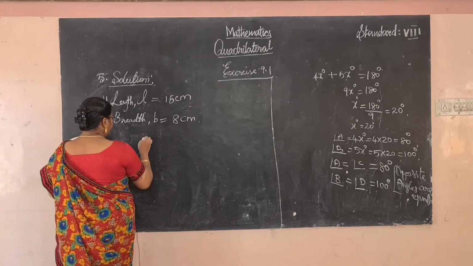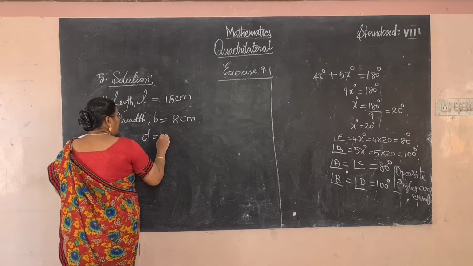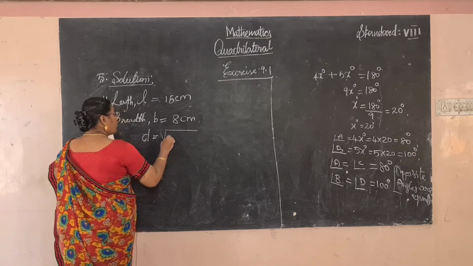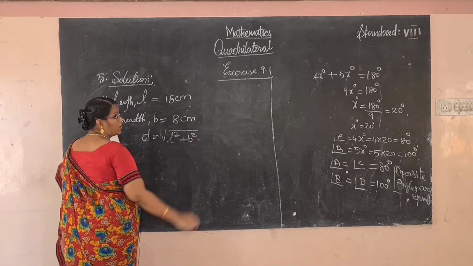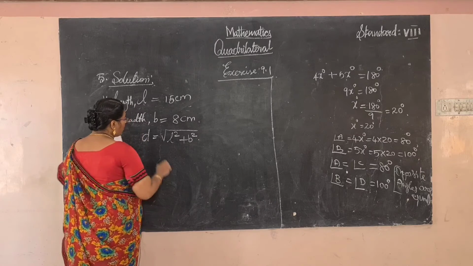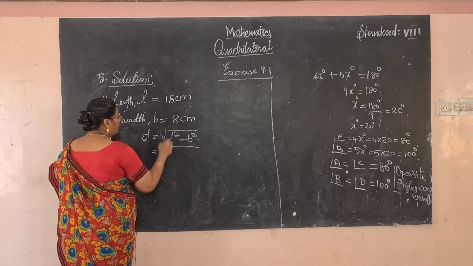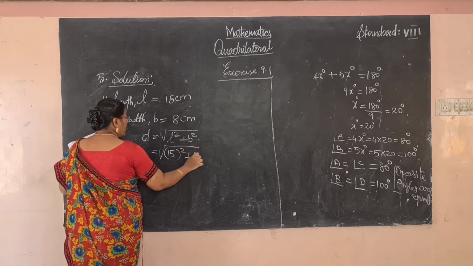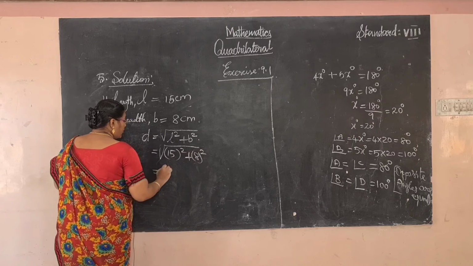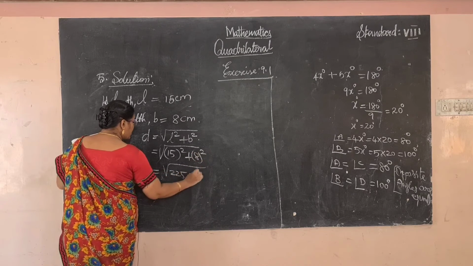The diagonal is equal to the square root of L square plus B square. So the square root of L square, L value was 15, so 15 square, plus B value was 8, so 8 square. So 15 square is the square root of 225 plus 8 square value was 64.